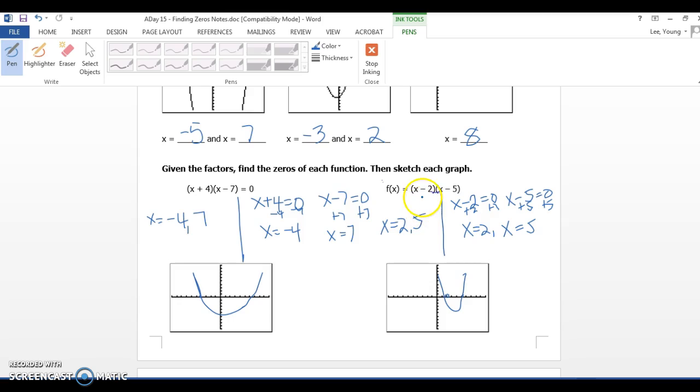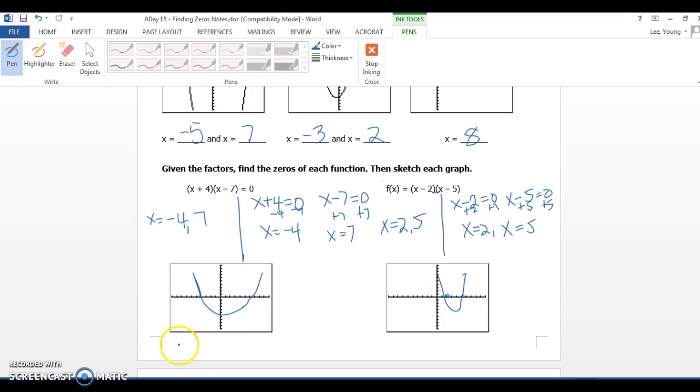Do you realize something very interesting? When you see the factors versus zeros, what do you see? This is x minus 2, x minus 5. Your zeros are positive 2, positive 5. Same thing here. When your factor is x plus 4, your zero is negative 4. Your factor is x minus 7, your zero is 7.